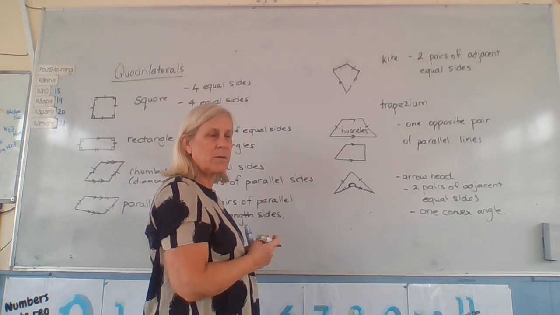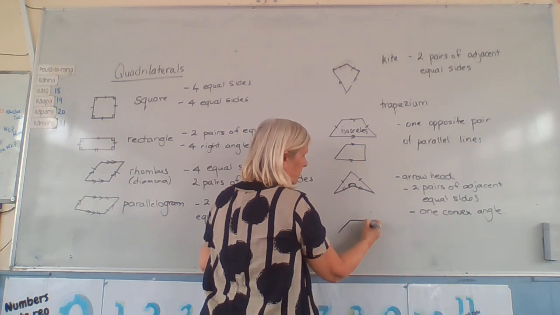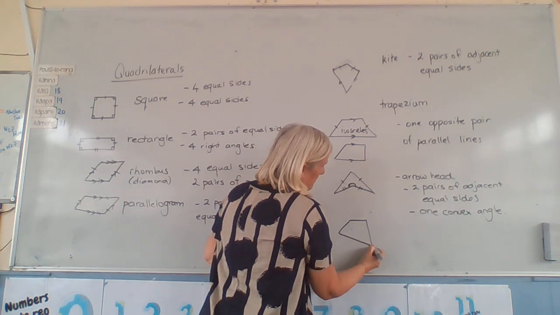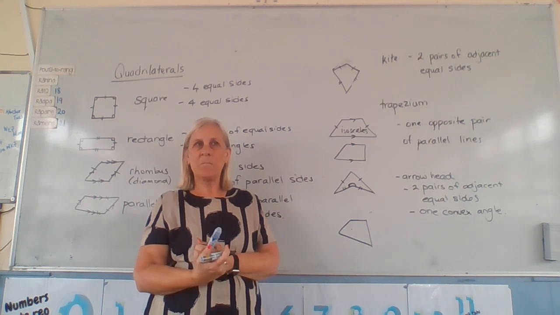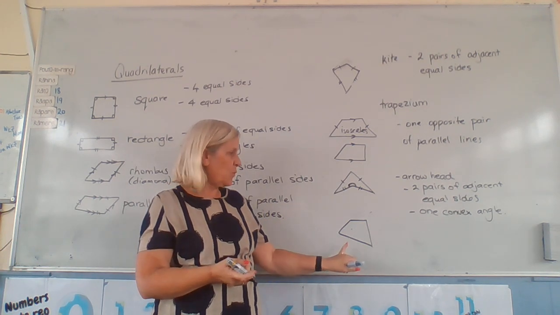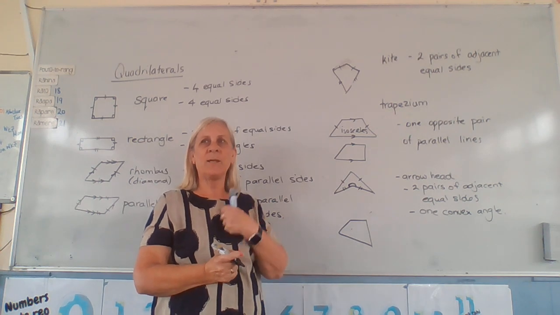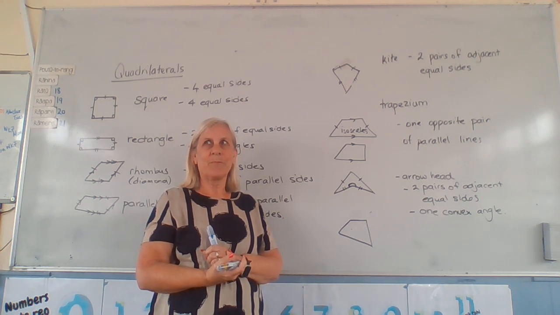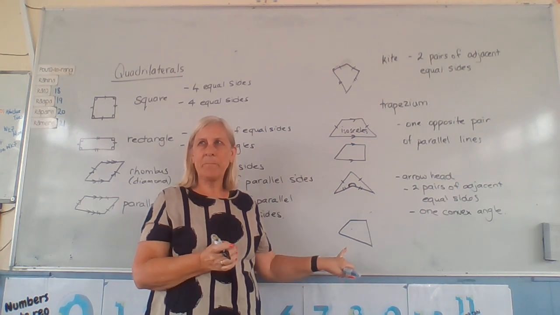I'm going to draw it. This is it. What would I write if that shape came up in the test? It's a best name we can give it.